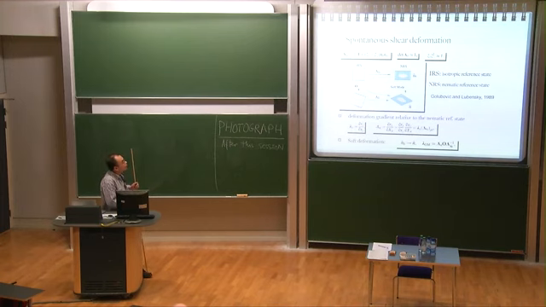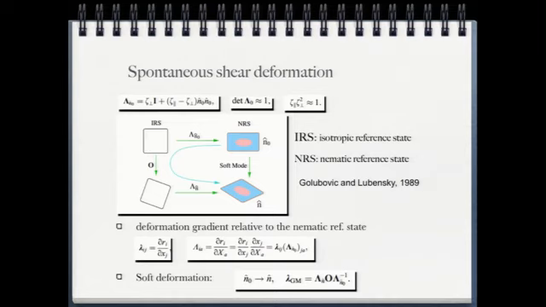Now we will try to express the deformation gradient of this soft deformation. R is the Eulerian coordinate in this deformed nematic state, and X is the coordinate of the nematic reference state. We want to work out this deformation gradient.